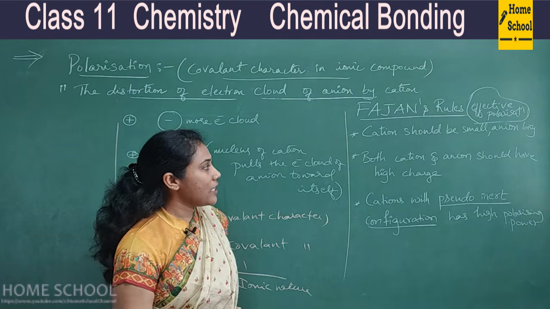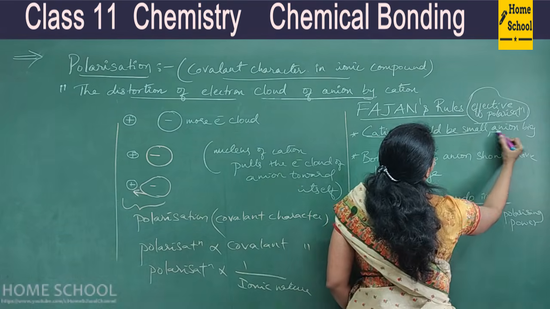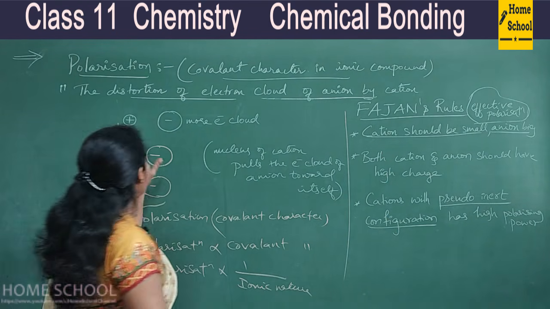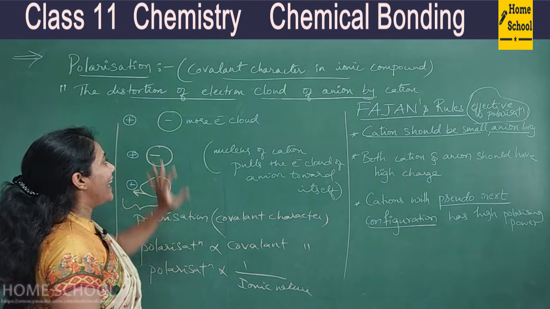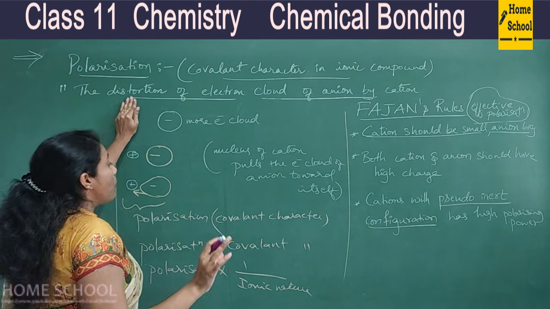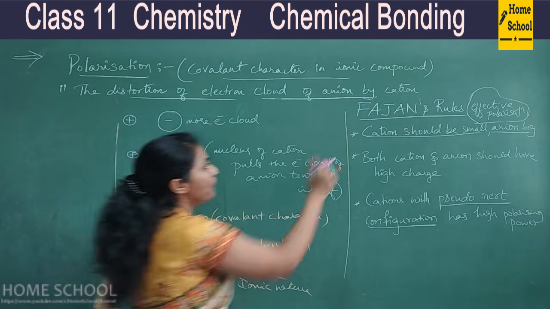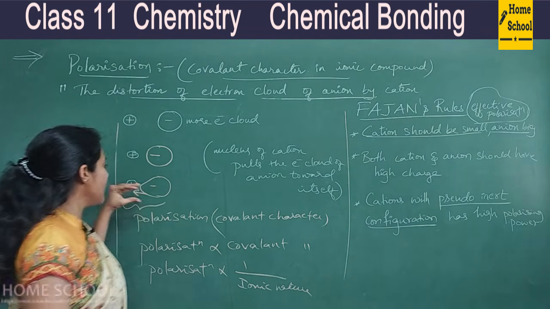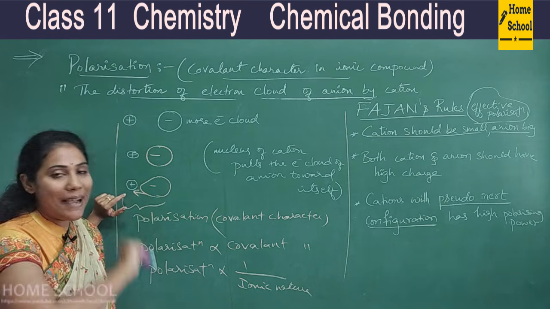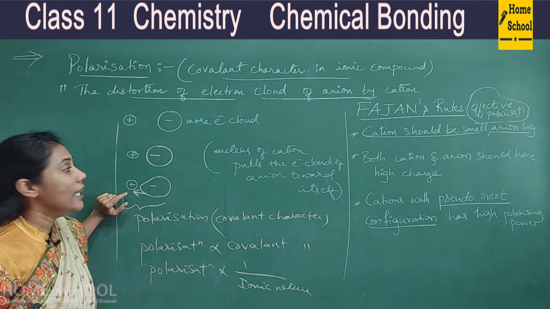Fine, look at the first rule that I have written on the board. Cation should be small, anion should be big. Any ionic bond is formed with a cation and an anion, right? Whenever the cation is very small and the anion is very big, the polarization, this distortion of the anion, will be maximum. That is the meaning of the first rule.